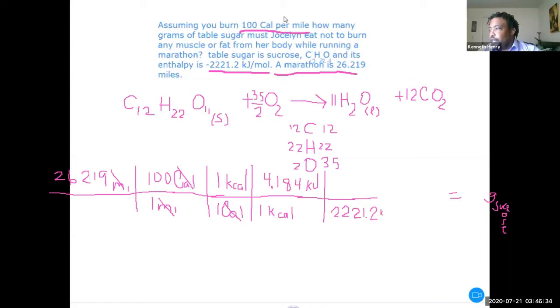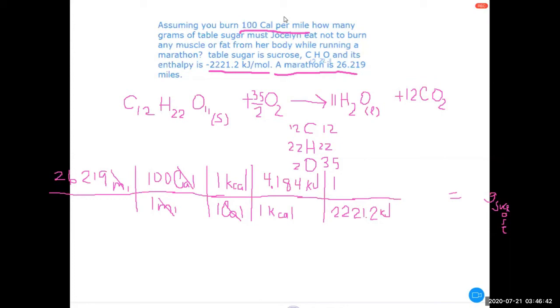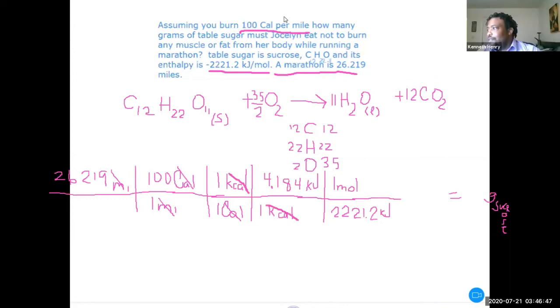Yeah, I'll do that. And then for moles, you go to grams? Okay. And what is the molecular weight of C12H22O11? 342 grams. Okay.